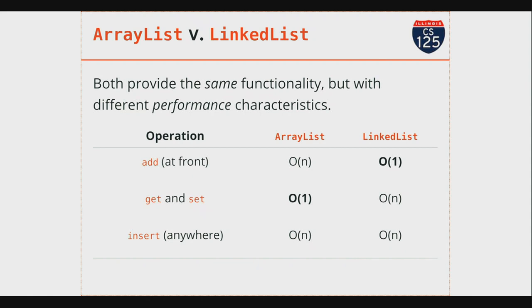So for example, processors are really fast at copying memory around. Remember when we were doing those array copies, we had to move stuff? That turns out to be not as slow as we might think. The creator of C++ actually came and gave a talk here a couple years ago. I was talking with some colleagues the other day, and apparently he pointed out that according to their tests in C++, array lists were actually faster than linked lists across the board.